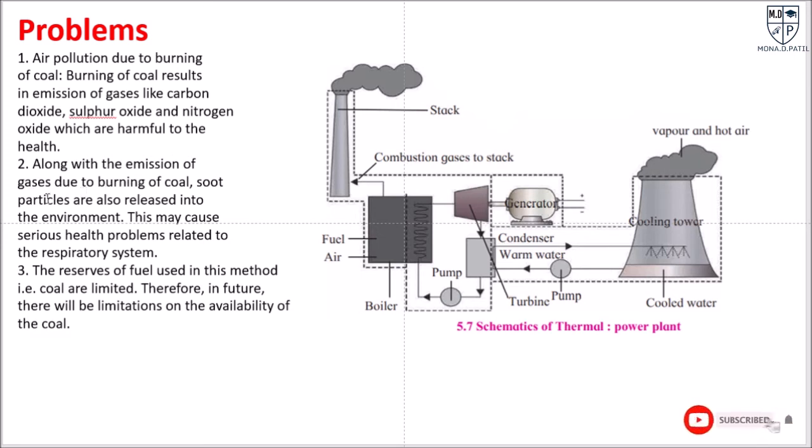Along with the gases, soot particles or minute particles of burning are also released into the environment. This may cause serious health problems related to the respiratory system. The reserves of fuel used in this method, that is coal, are limited. Therefore, in future there will be limits on the availability of resources like coal.